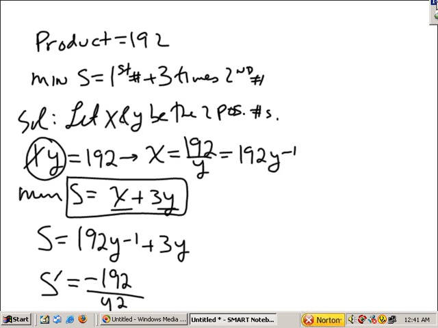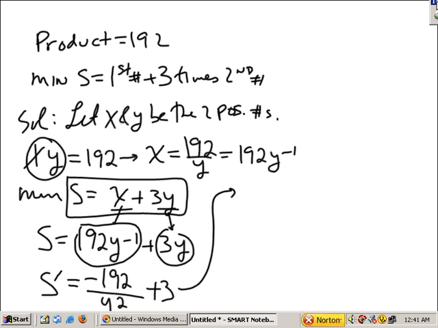I kind of took the derivative. I didn't mean to. x is this number plus 3y. And the derivative of 3y is plus 3. And we want to set this equal to 0. So positive 3 minus 192 over y squared is 0.